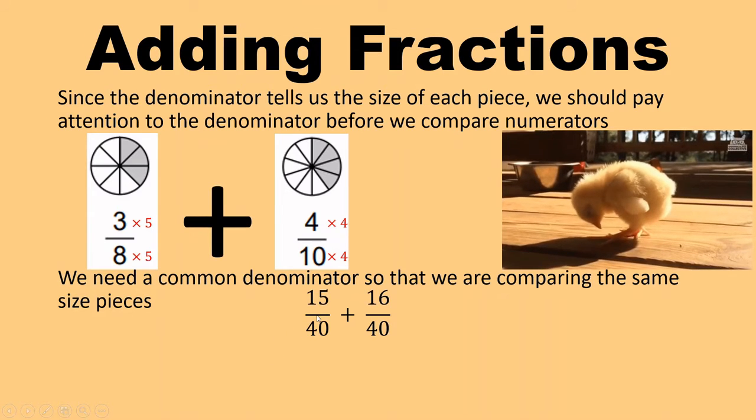And then we can go ahead and add our numerators. 15/40 plus 16/40. The denominators are the same, so the answer will have that same denominator. We just need to add our numerators. 15 plus 16 over 40 is 31 over 40.